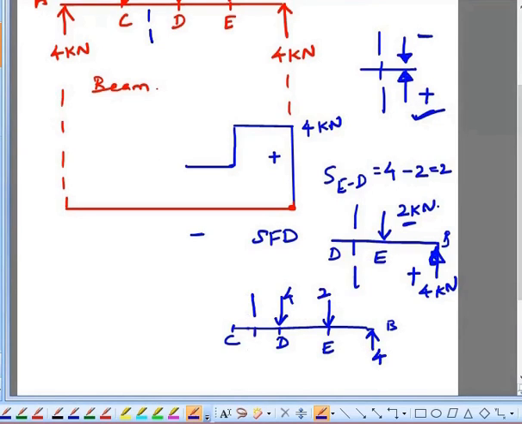So if you consider a section like this, to the right of this section, you note down what are the shear force acting and in which direction.